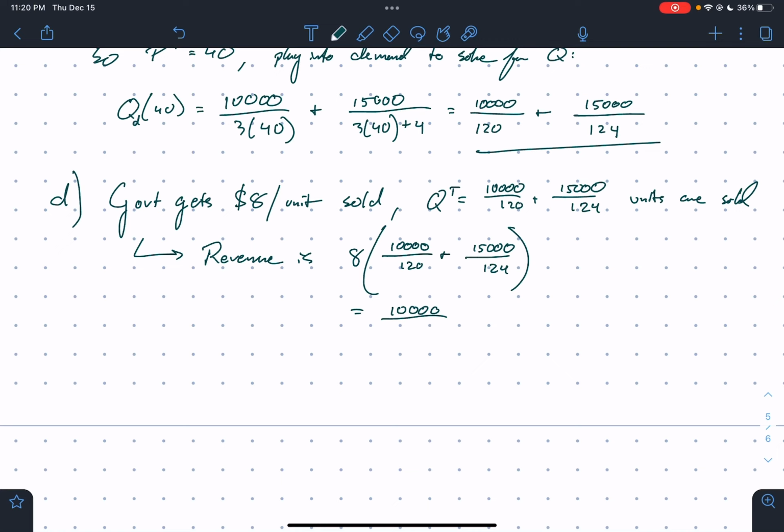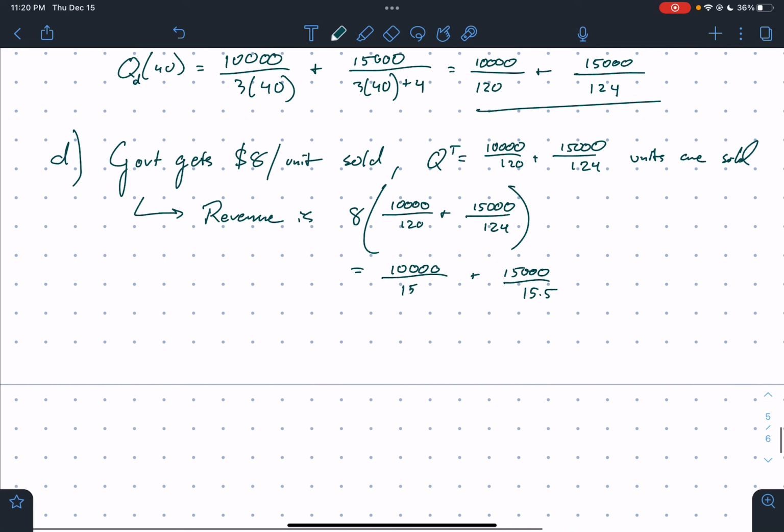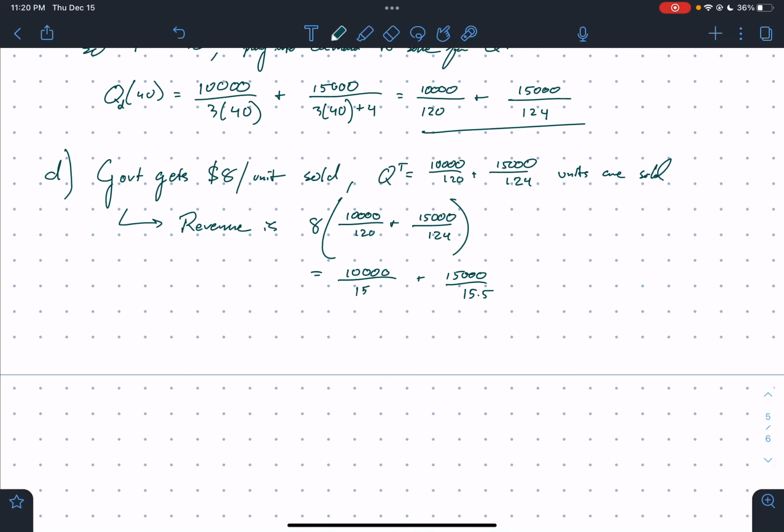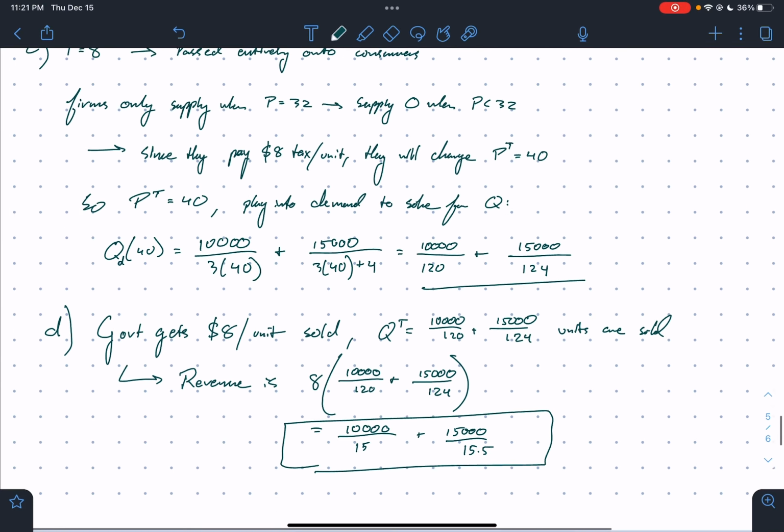So 8 divided by 120 is just 1 over 15 plus 15,000 over like 15.5. Not super clean numbers, but this is what we get. So this is the government revenue as the result of the tax.